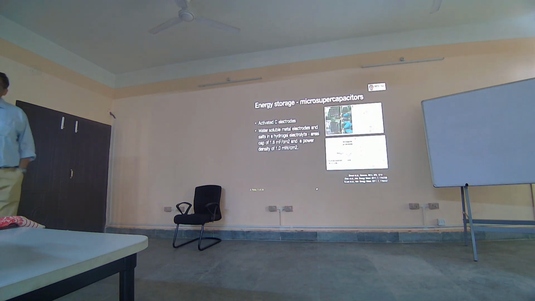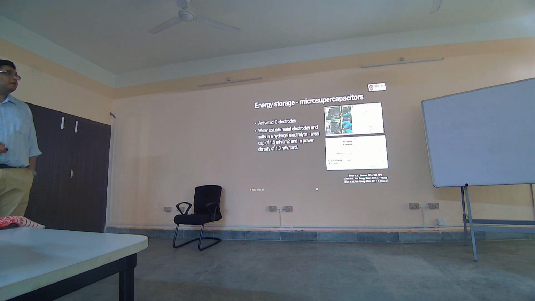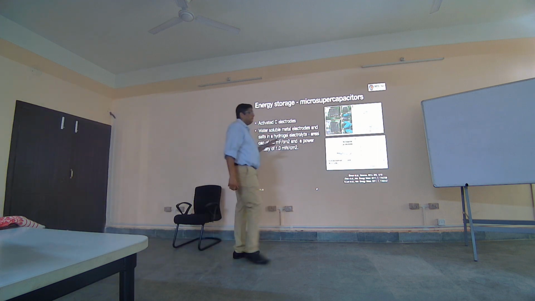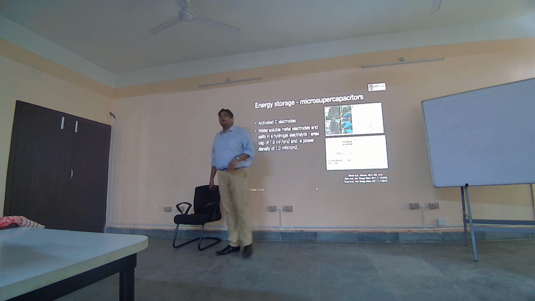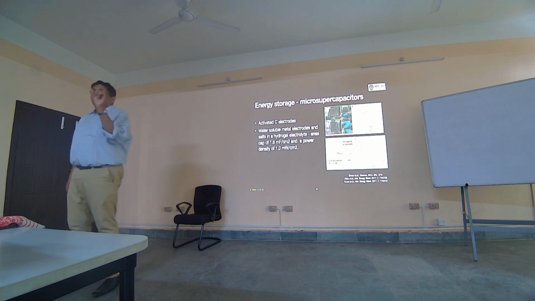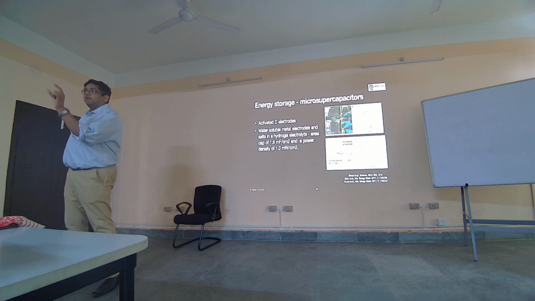You can also store energy using supercapacitors, and this is an example where people have used activated carbon electrodes to create supercapacitors, and they've also used water-soluble metal electrodes to do the same. Again, very respectable power densities have been demonstrated using supercapacitors. Again, I want to highlight the fact that the way you think about electronics in the implantable world is very different from the previous part of the talk, because here we're looking at things which will exist for a week or more.